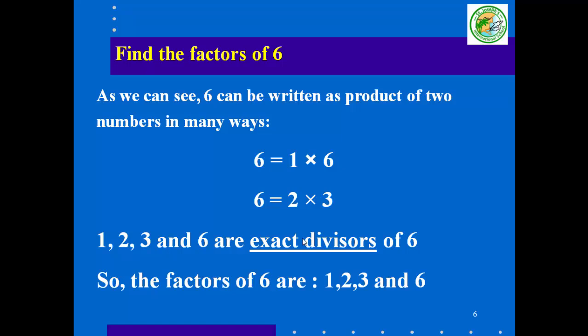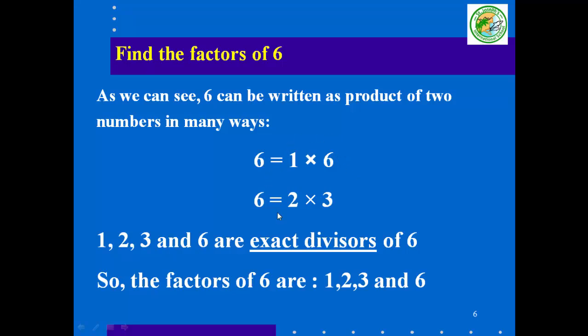Table 2. Yes, we can find 6 from 2 times 3. Like table 3, we can find 6 also from 3 times 2. But 3 times 2 is the same as 2 times 3. So we will stop here and you will not complete. And the factors of 6 here are 1, 6, 2, and 3.